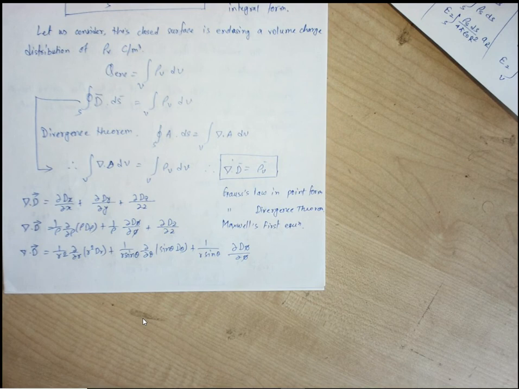So this electric field depends only on the R component. If we are considering a sphere, it always depends upon the R component. It does not depend at all upon the theta and phi components.